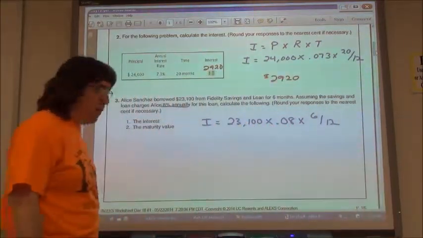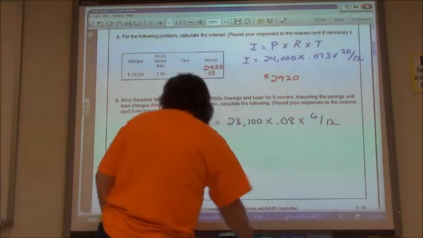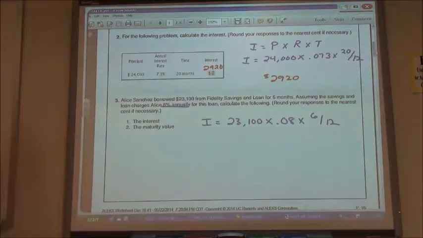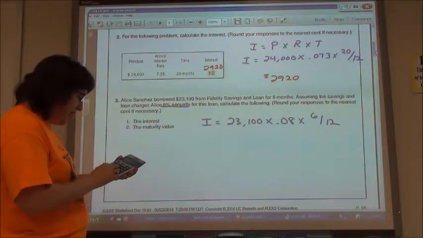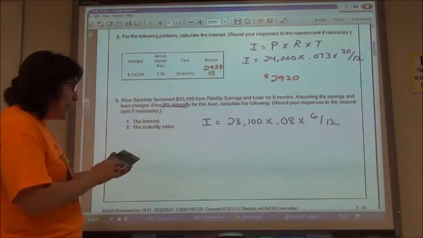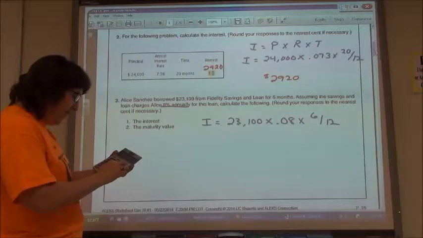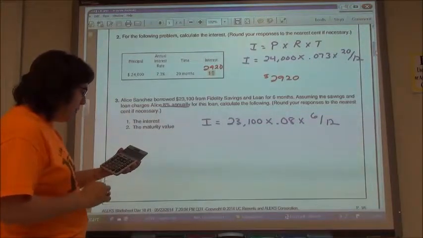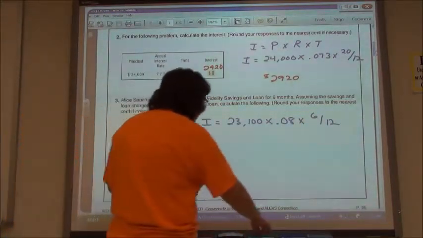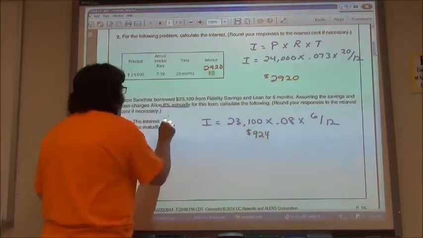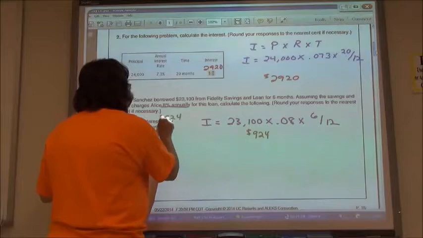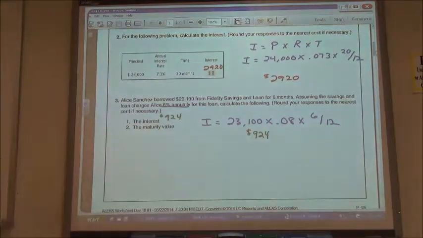6 divided by 12. And so again, on the calculator, you punch in 23,100 times 0.08 times 6 divided by 12 equals $924. So the interest is $924.